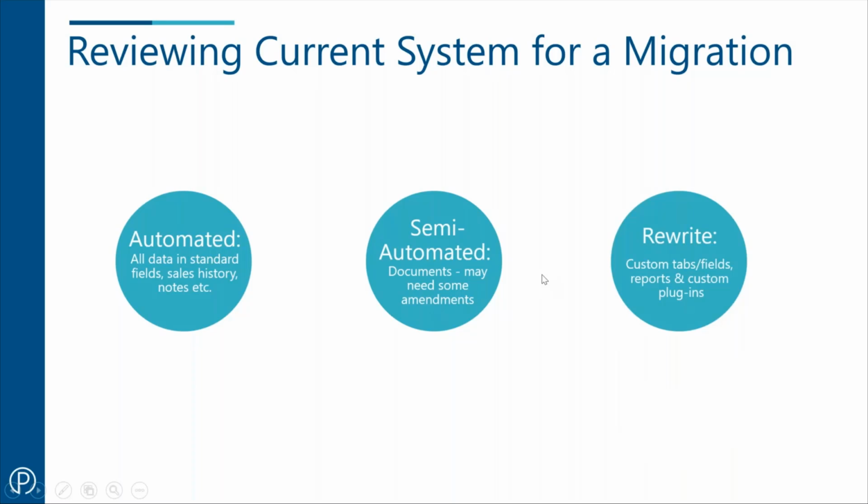There's a semi-automated process in migrating those documents, which we would review with you. Then we come on to the rewrite of some of the items within your current version 6 database. These are things like your custom tabs and fields that we have created specifically for you throughout your use of version 6, whether that's a bespoke tab to hold some other information aside from the standard fields, or a bespoke report bringing together key information that you want to see about your customers, and also any custom plugins.